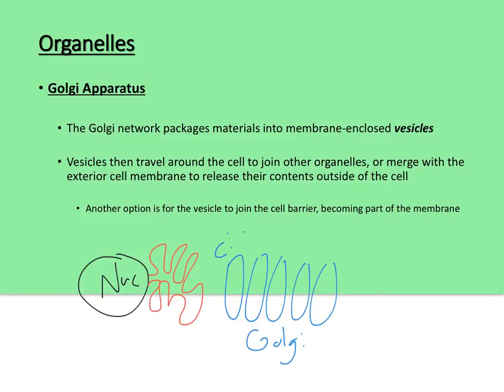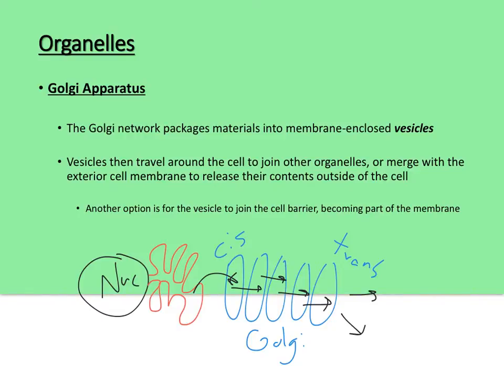There's a cis face, which is closer to the nucleus, and a trans face, which is further away. Now, most materials that pass through the Golgi move from cis to trans. Okay, so they come from the ER, go into the Golgi and then move further out to then be released.